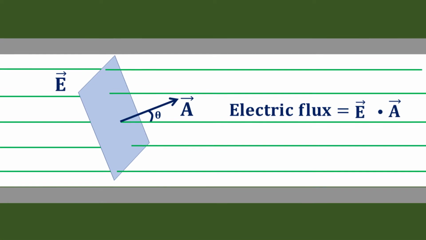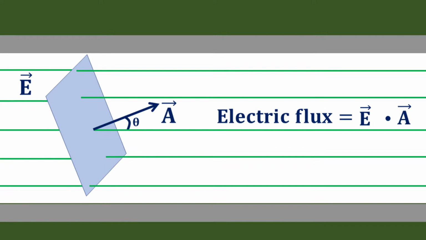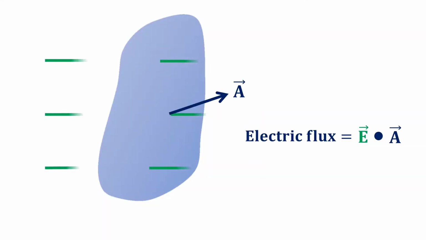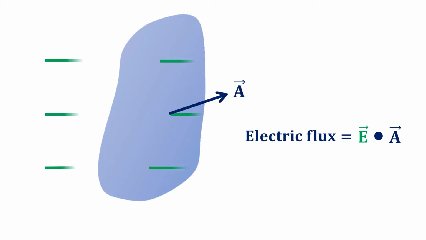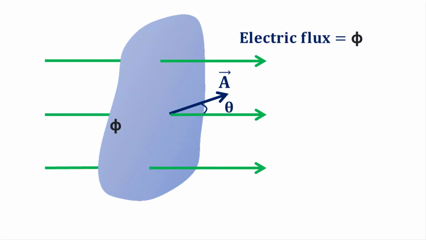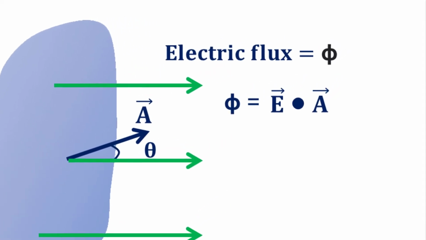In vector form, it can be written as electric flux equal to vector E dot vector A. So electric flux is the measure of distribution of electric field through a given surface. That is, the number of field lines that intersect a given area is flux. It is represented by vector E dot vector A or EA cos theta. The flux is represented by the symbol phi. Therefore, we can write phi equal to vector E dot vector A.